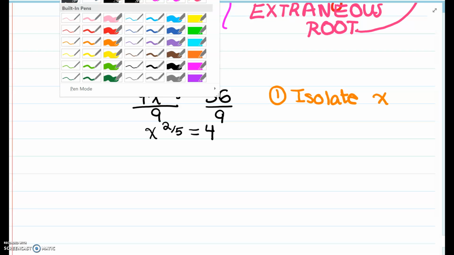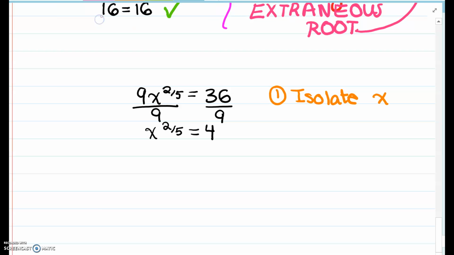Then our next step is to raise each side to the reciprocal of the exponent.